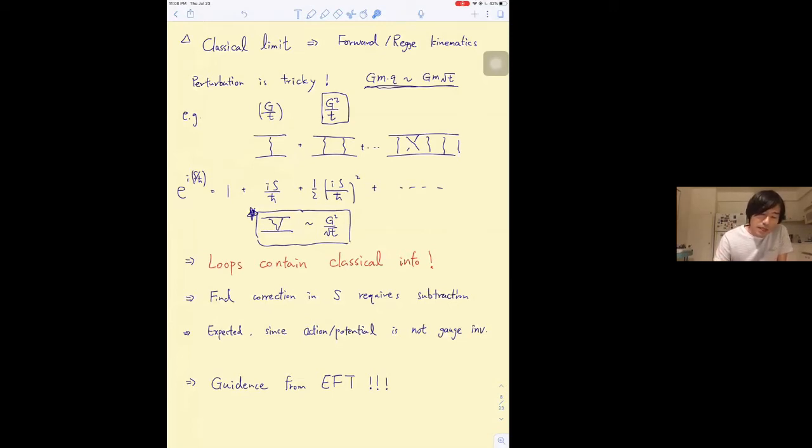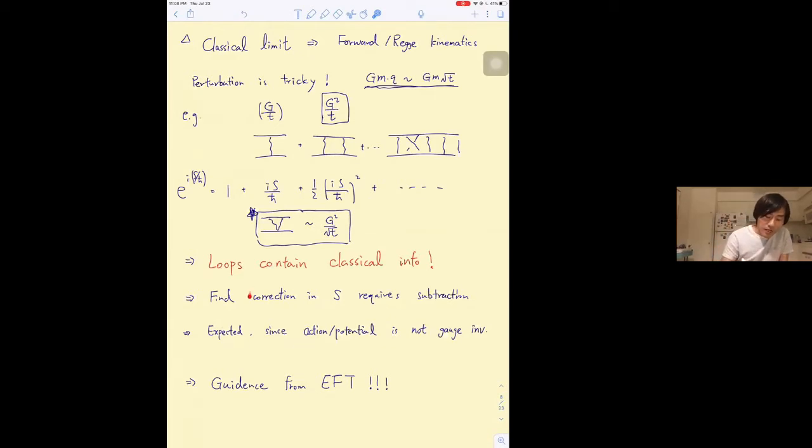But that would imply two things. First of all, this loop effect actually contains classical information. So what we learned in grad school, that loops are quantum, is actually not true. And you can see an explicit example here. The second part is that in this very special kinematics, the classical part is actually not the leading Regge limit. It's actually the subleading, or more and more subleading when you go to higher and higher order.